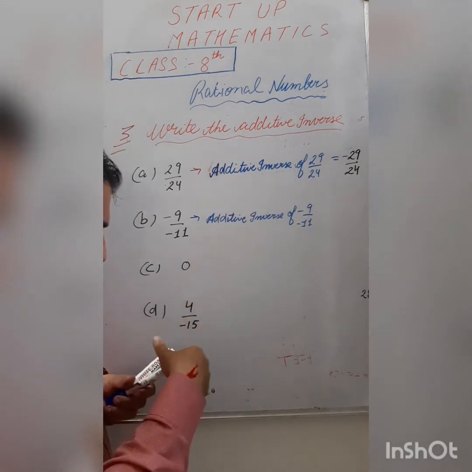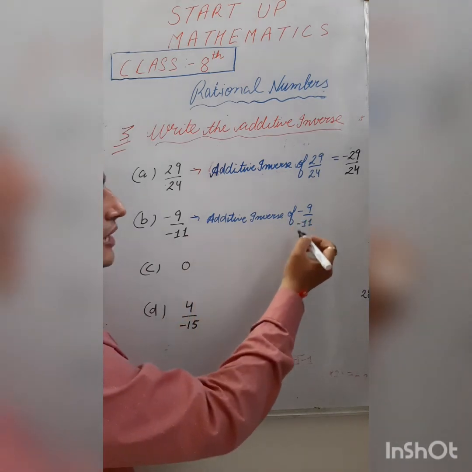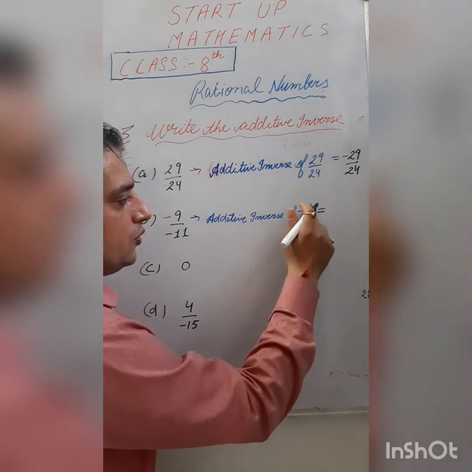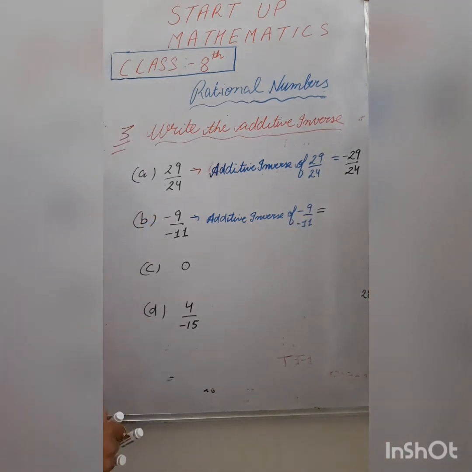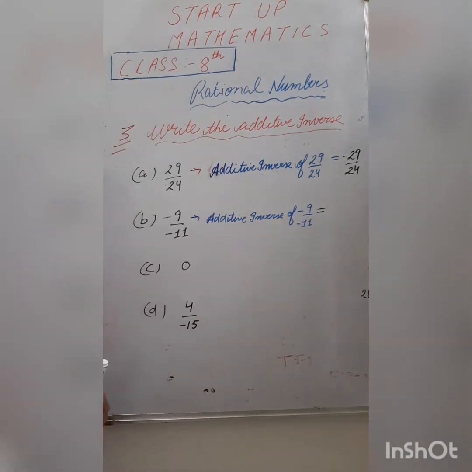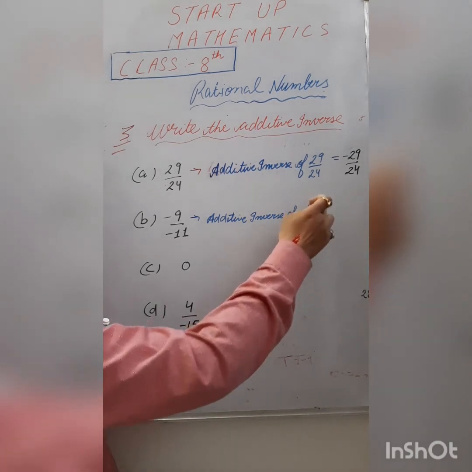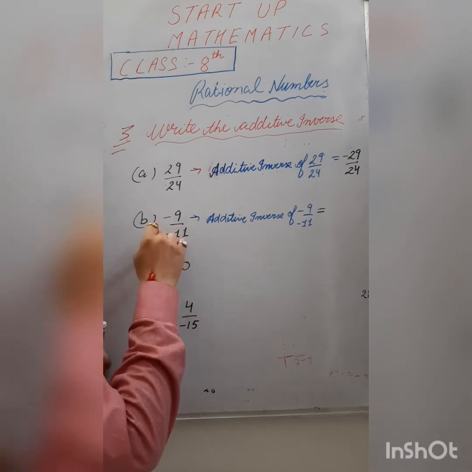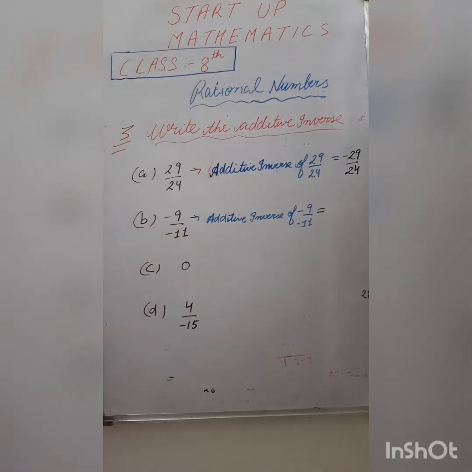When you divide a number of negative sign with a number having a negative sign, the quotient is positive, यानी कि इन दोनों की जो डिवीजन मिलेगी आपको, either you have to divide minus 9 upon minus 11, the signs cancel out.